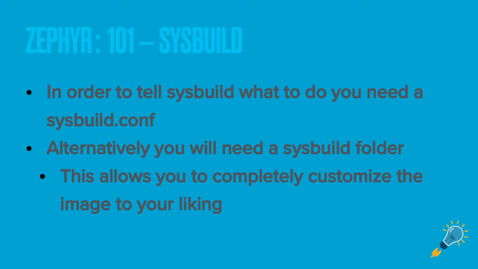Now, in order to tell Sysbuild what to do or what other images you want, basically you can enable these images by including an entry in sysbuild.conf. Or, as I mentioned, you'll need a Sysbuild folder, and that will allow you to completely customize. If you include this folder and then you include the app name, it'll break at compile time saying you're missing a prj.conf.